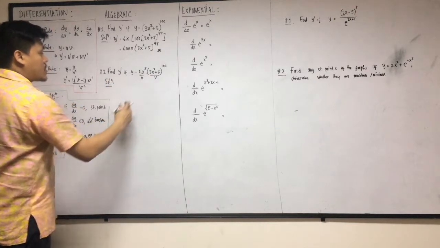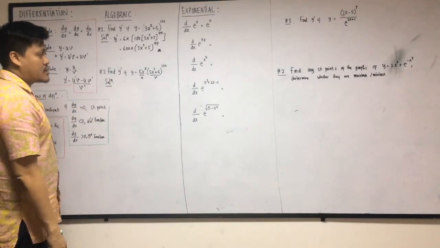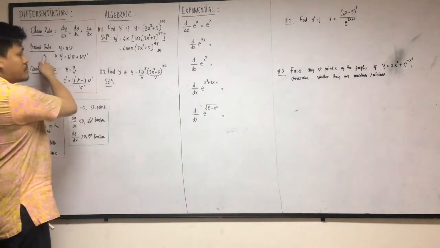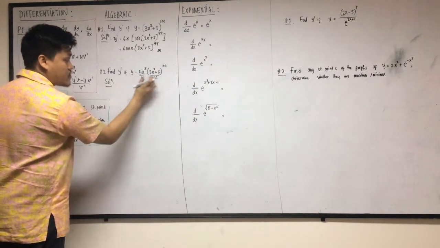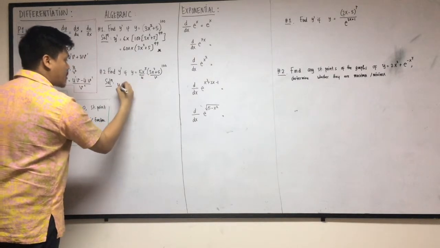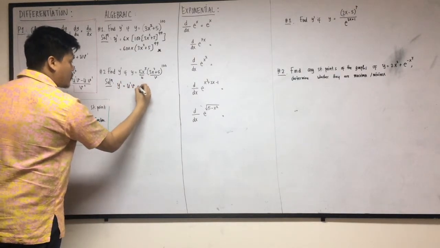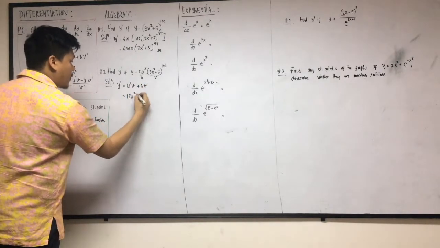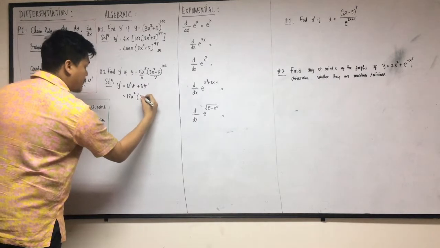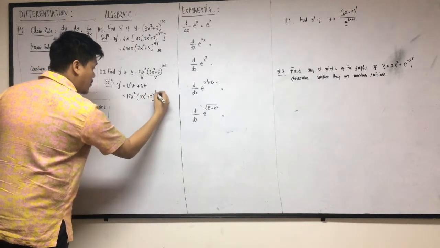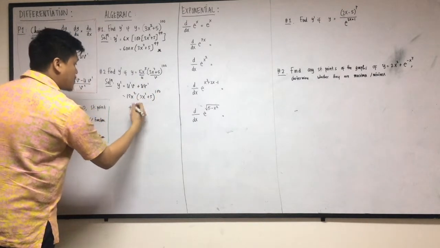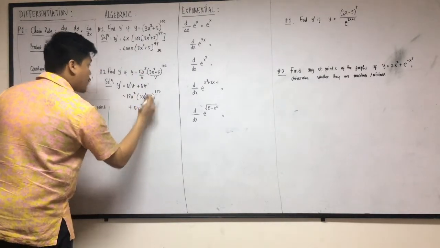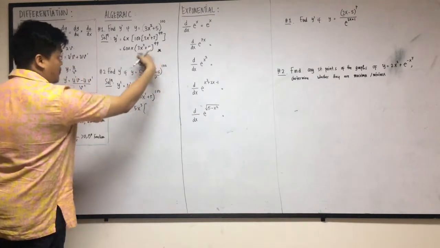Okay, the second example. Looking at the question, it's a question where you should use the product rule, because it's the multiplication between two functions here. So you use the product rule to find the derivative using this formula. U prime would be 15x squared. V is, well, itself, plus u v prime. U is 5x cubed. V prime is the same as in the first question.